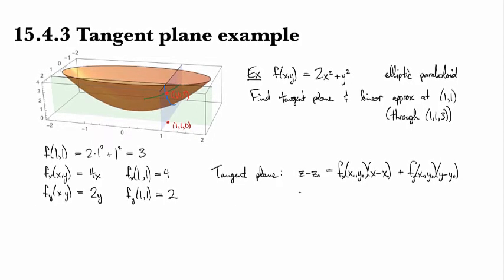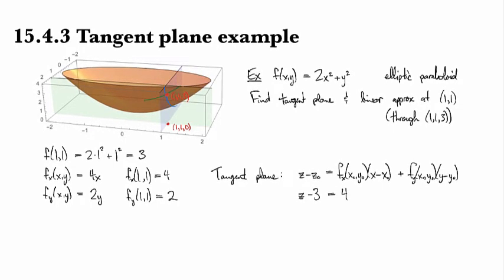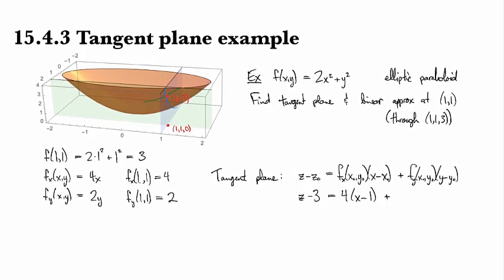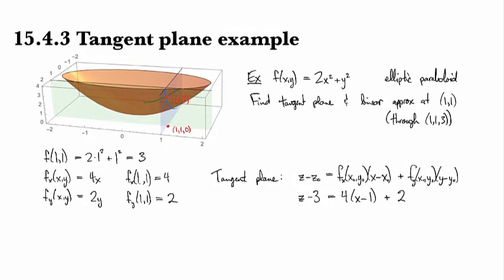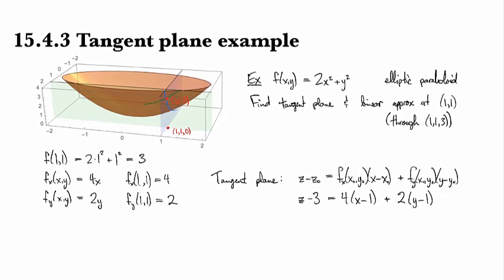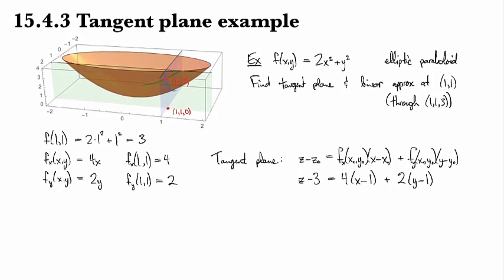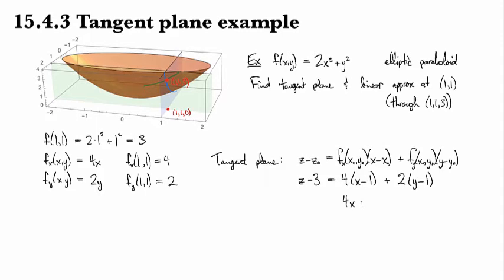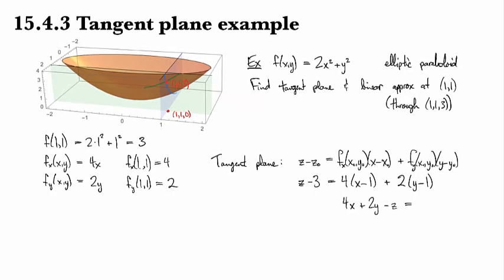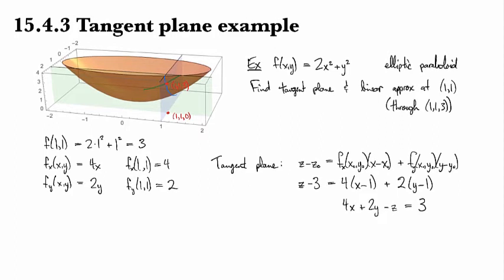And so for us, that's going to be z minus our height, which is 3, and then our x slope is 4, and we have x minus our x location of 1, and then we have the y slope of 2, and then y minus the y location of 1 also. And so that's our tangent plane, although typically people tidy it up a little bit, and so we would call this 4x plus 2y minus z equals, and then collect all the constants to get 3. So there's our tangent plane.